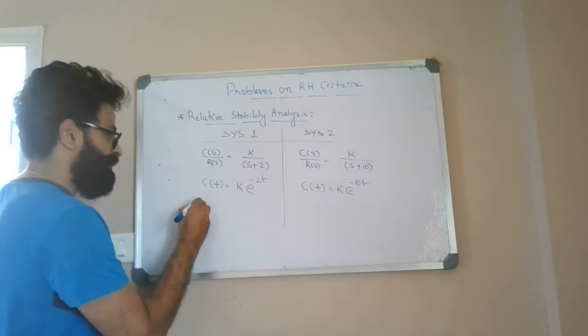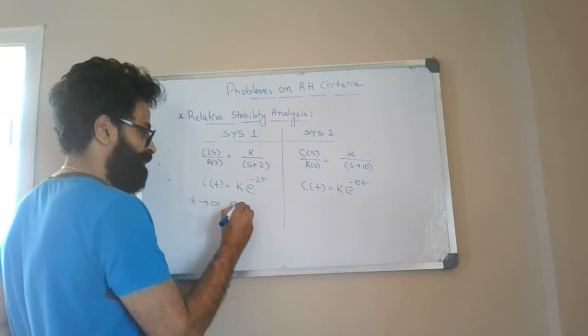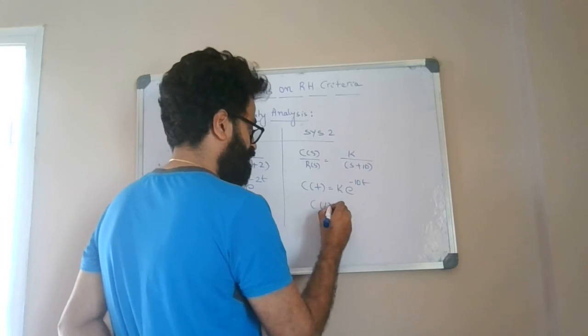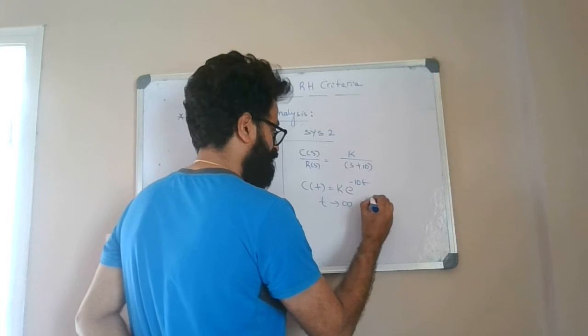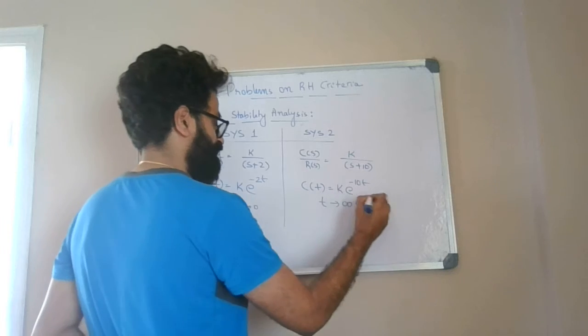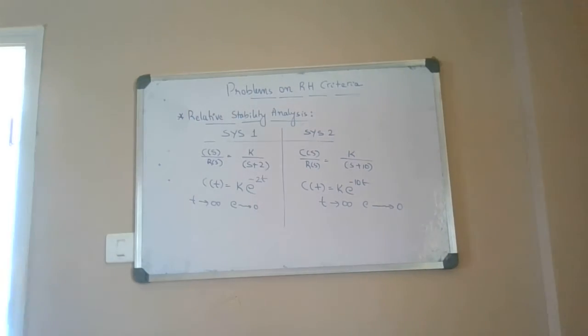So when time t tends to infinity, this exponential function decays to 0. Similarly, as time t tends to infinity, again this exponential function decays to 0. So both are stable systems.